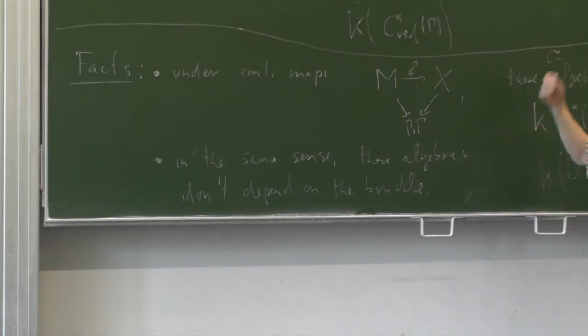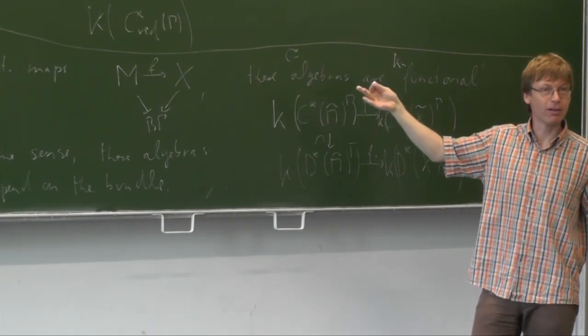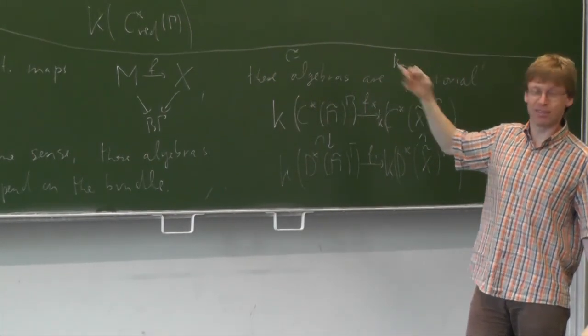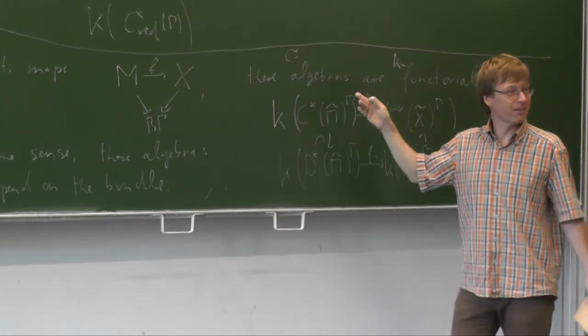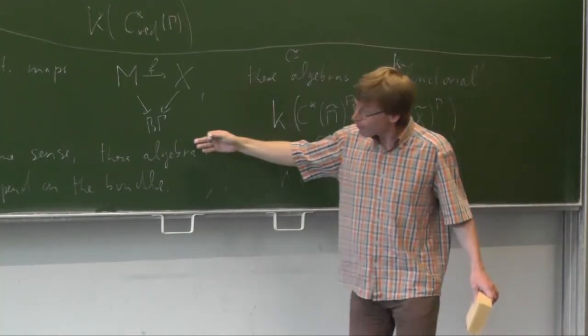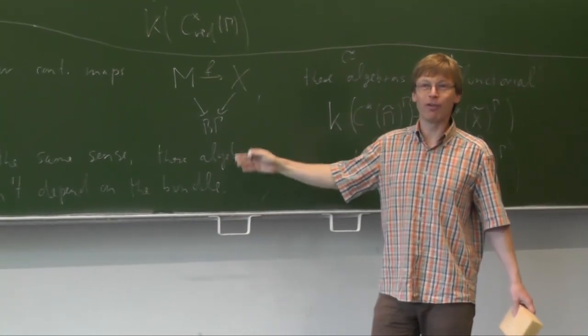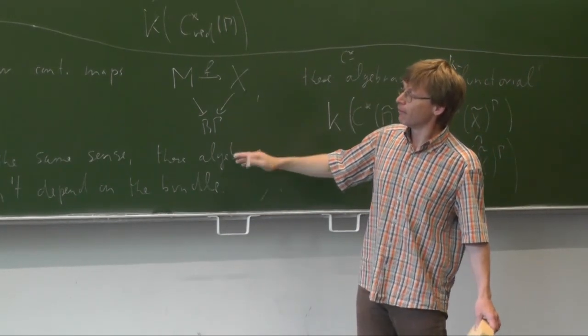So I used the bundle of forms. I could have used the sections of the spinor bundle. The algebras are not the same, of course, but they are isomorphic, with some isomorphism which isn't quite canonical, but whatever it does on K-theory is canonical. So it's sufficiently canonically isomorphic that I can drop this notation. This requires a little bit of technical maneuvering.